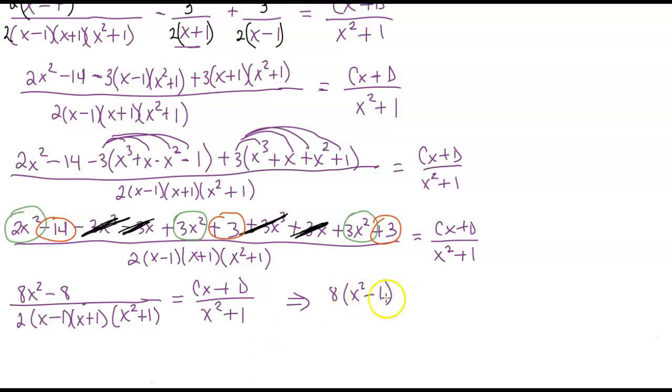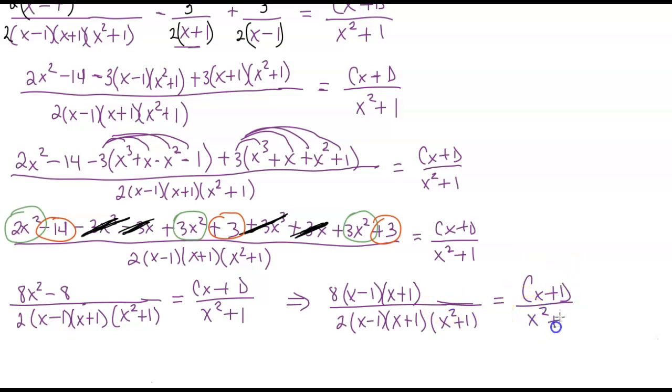But of course, our x squared minus 1 is the same as x minus 1 times x plus 1. So we're going to go ahead and write that out. x minus 1 times x plus 1. And then we just have 2 times x minus 1 times x plus 1 times x squared plus 1, all in the denominator. And all that now is equal to cx plus d over x squared plus 1.